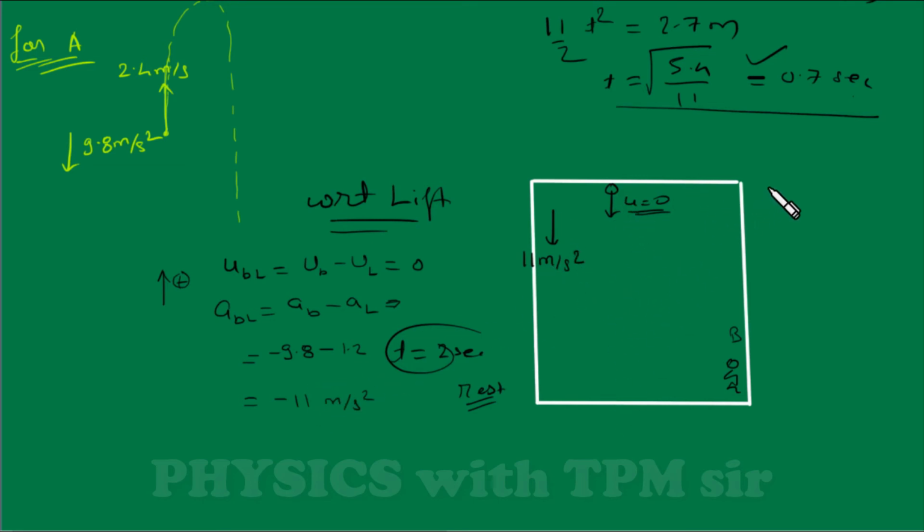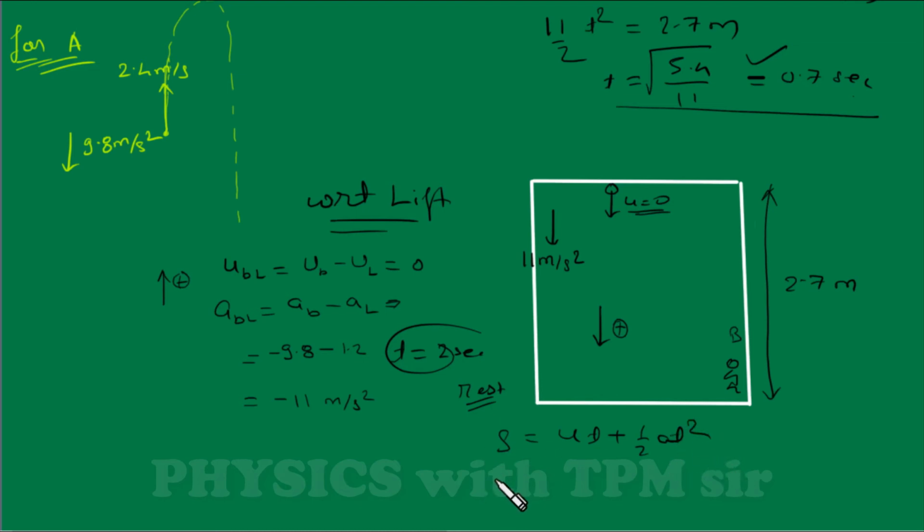And to strike the floor, the distance that this bolt must travel, what was that? 2.7 meter. So total displacement is 2.7 meter. Now we are seeing that acceleration is in negative direction, displacement is in vertical downward direction. So let's say downward is positive, because all the vector quantities are in downward direction. Displacement is equal to ut plus half at square.